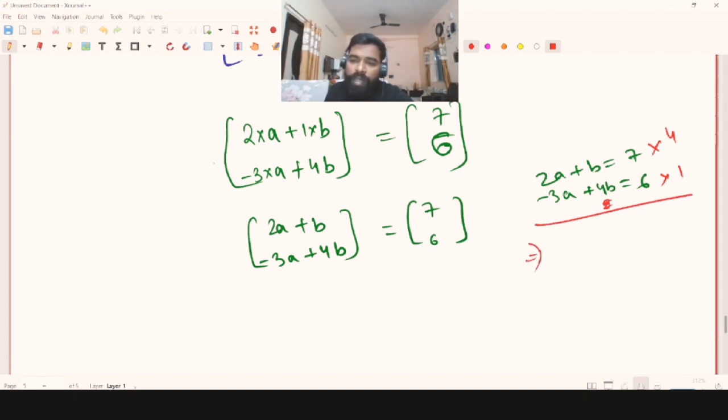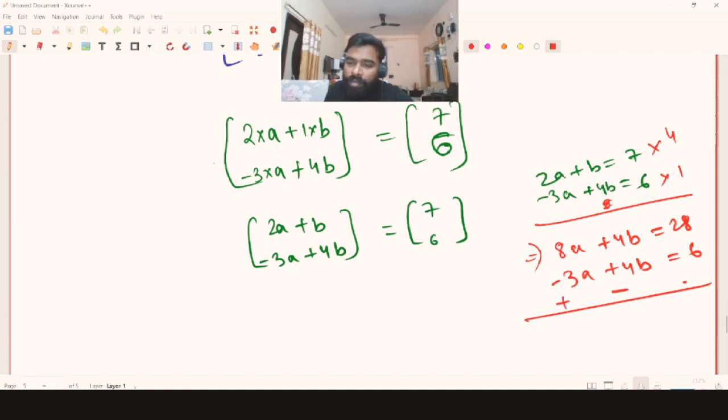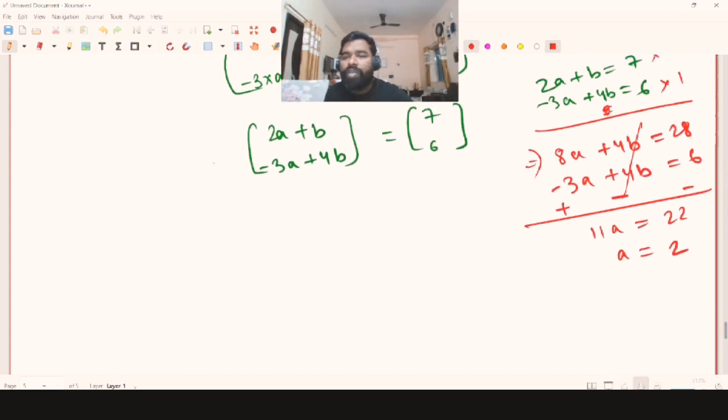So this becomes 8a plus 4b equal to 28, and similarly here it is minus 3a plus 4b equal to 6. Change the sign, then you see this is cancelling, and you get 11a equal to 22. So finally a is equal to 2, and if you substitute this a into any one of the equations, you get b as well.